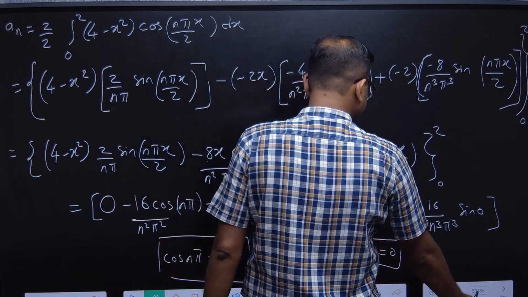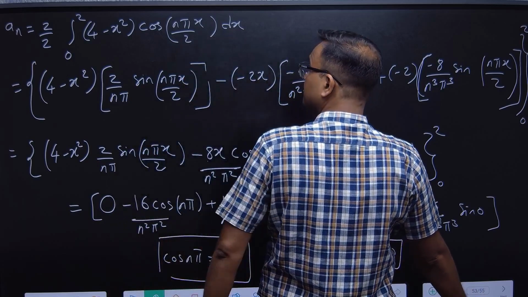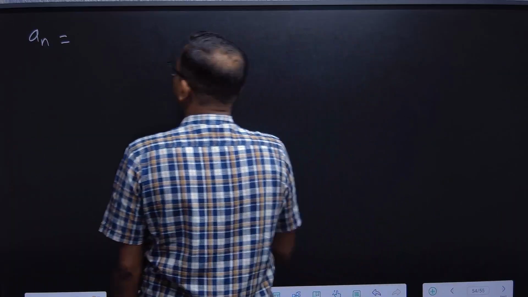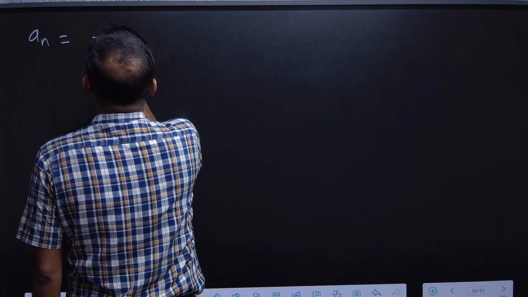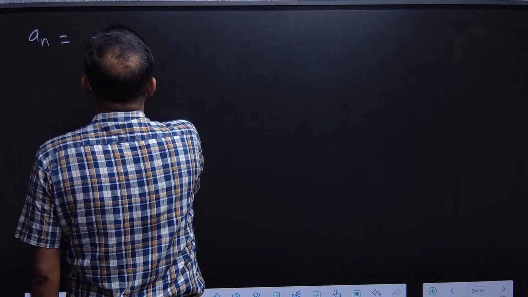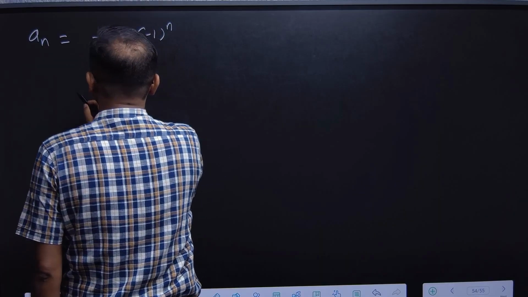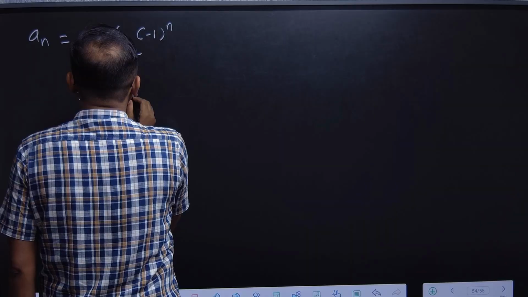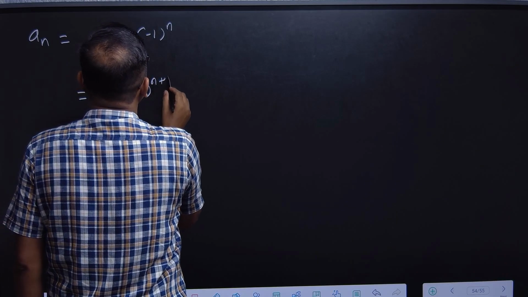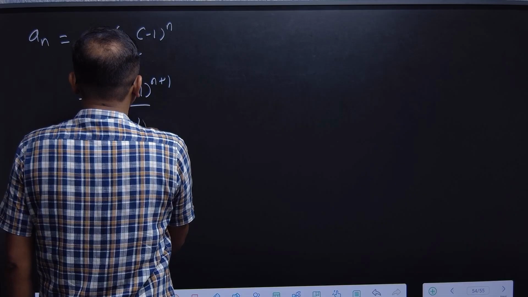All remaining terms become 0. So a_n is equal to minus 16 upon n square pi square into minus 1 raised to n. You can keep this term as it is, or you may write this as 16 into minus 1 raised to n plus 1 upon n square pi square.